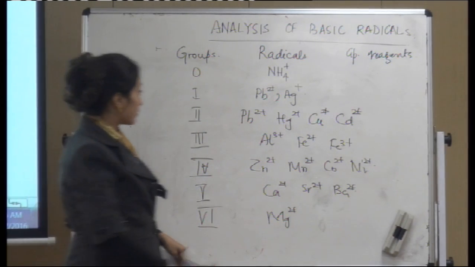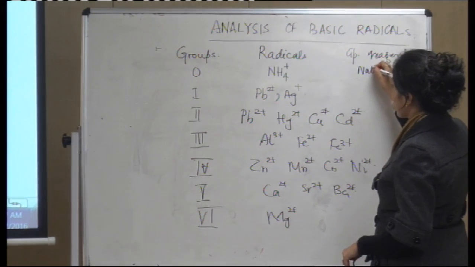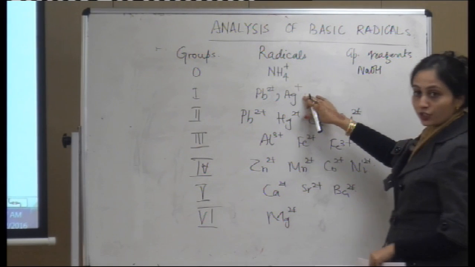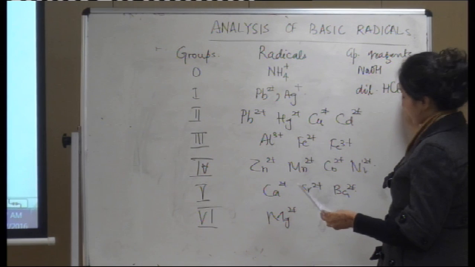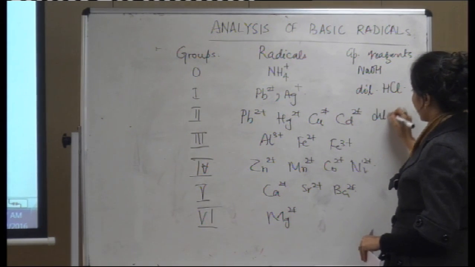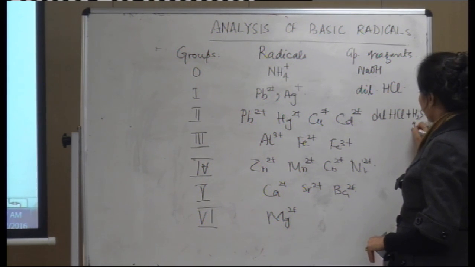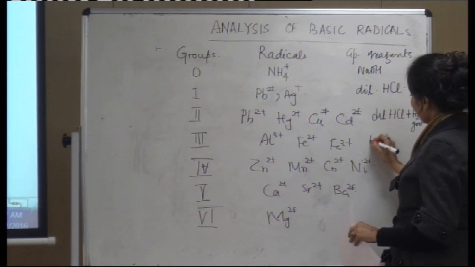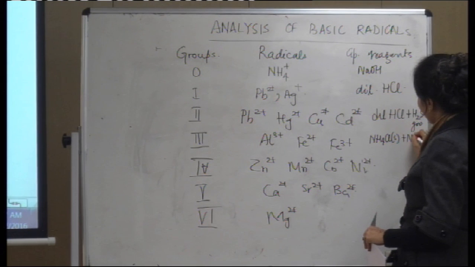The general reagent that you add for ammonium ions is your simple NaOH solution, right? For the first group you add dilute HCl, right? Then for the second one you add dilute HCl plus H2S gas is passed through it. Then for the third case you add NH4Cl solid plus NH4OH solution.